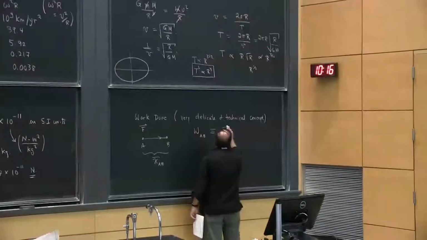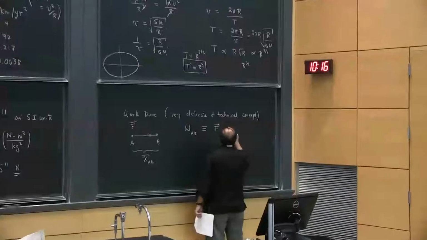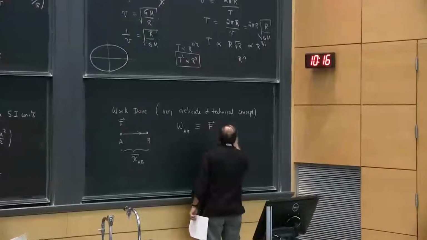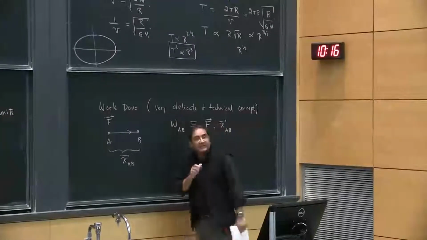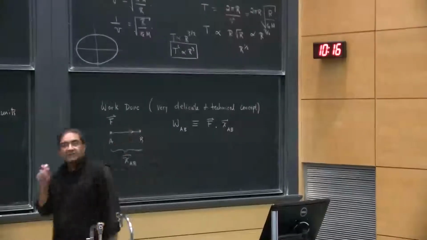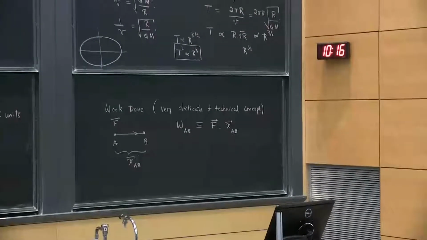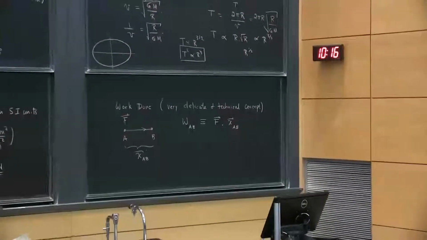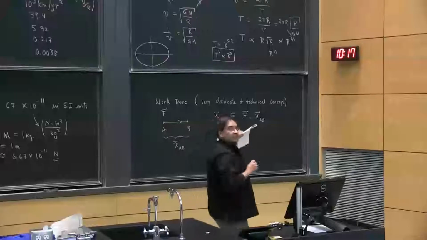as in this case force, right, times xAB, which is the displacement. Both are vectors, but now we are multiplying the vectors. We have thus far not done vector multiplication, we have only done vector addition. So now for the first time, I'm uttering the words vector multiply. So we are actually multiplying the vectors.